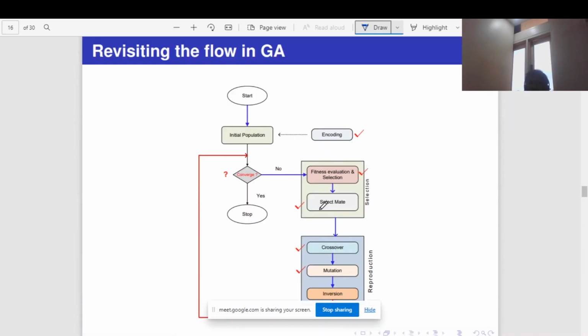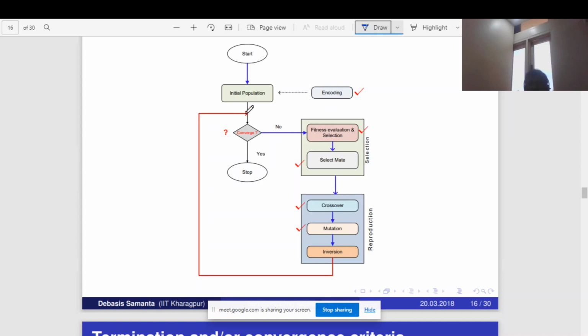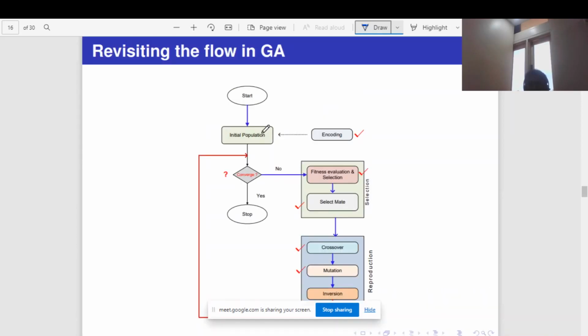This is just a revisiting of this. If you recall, this is how a genetic algorithm normally works. This is the flowchart you might be remembering. We start and then we generate the initial population through encoding, and then we pick up a random solution and check whether it has converged or not.